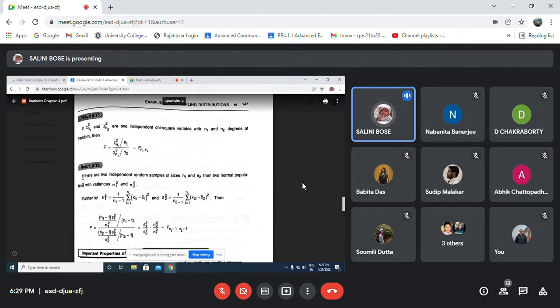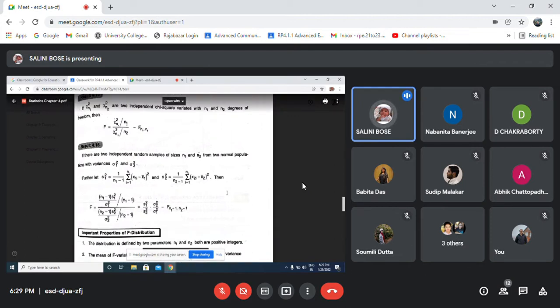And if there are two independent random samples of sizes n1 and n2 from two normal populations with variances sigma 1 square and sigma 2 square, and if s1 square is equal to 1 by n1 minus 1 summation of i equal to 1 to n1 x1 i minus x1 bar whole square, and s2 square is equal to 1 by n2 minus 1.